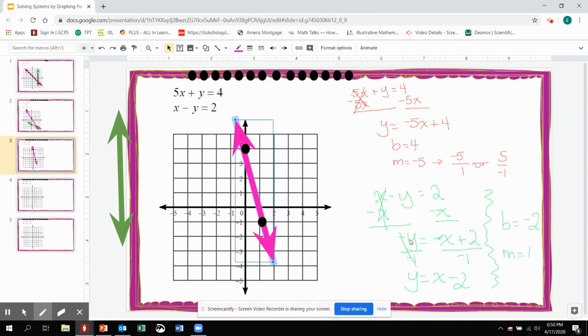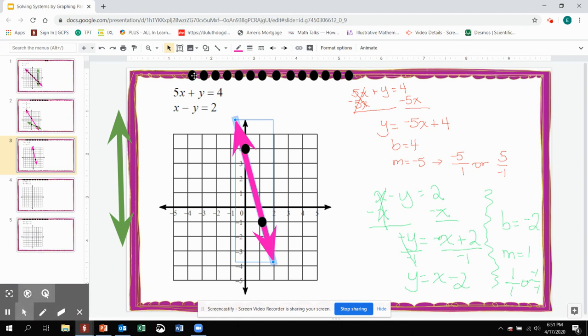And again, if I am going to write that as a fraction, that's going to be 1 over 1. Now, when you have a positive slope, the tricky thing about this is remembering that that's the same as saying a negative over a negative, because negative 1 divided by negative 1 is still a positive 1.